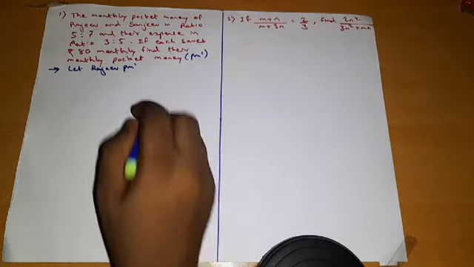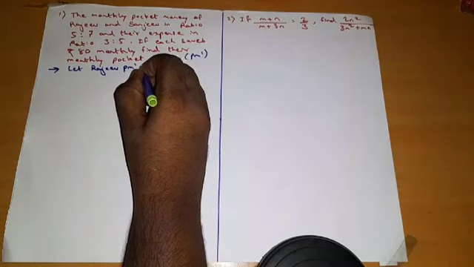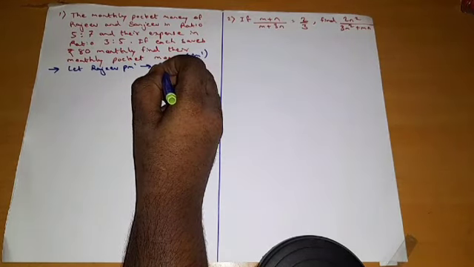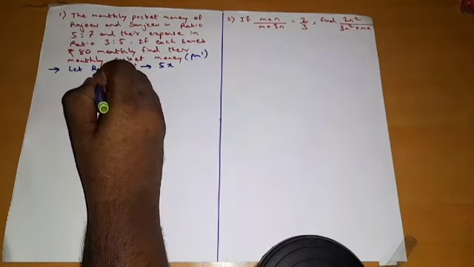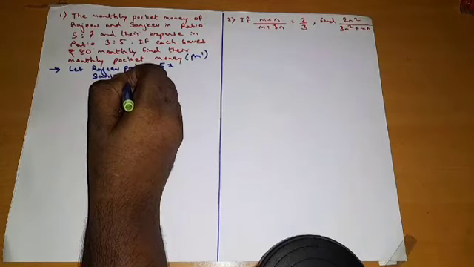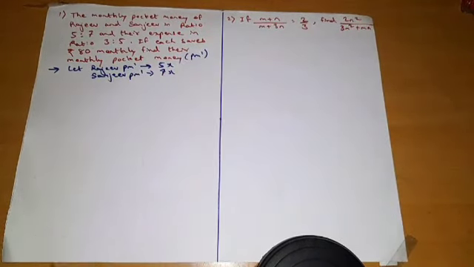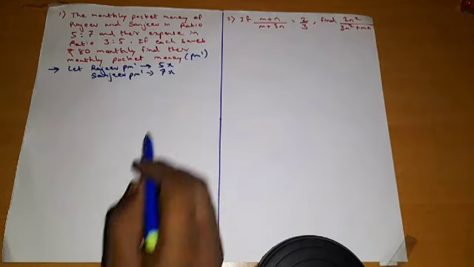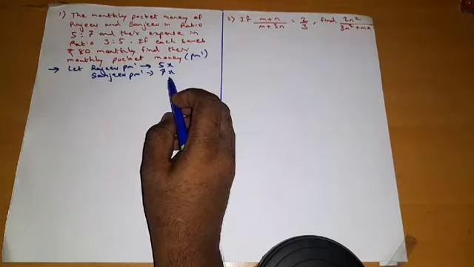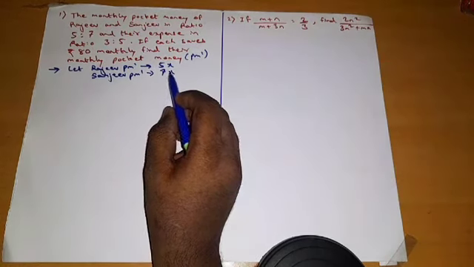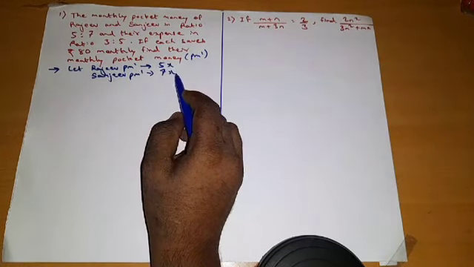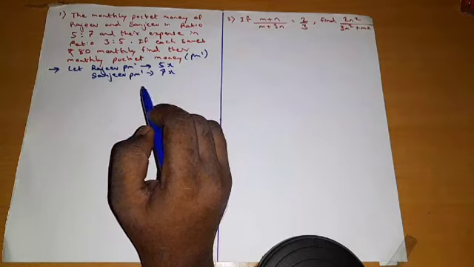Okay, to save the space, let Rajiv pocket money be 5x and Sanjeev pocket money be 7x rupees. Why I am writing x is that if we divide both, then I will get ratio 5:7. Okay, I don't know the exact value, so I am multiplying by x to know the exact value.